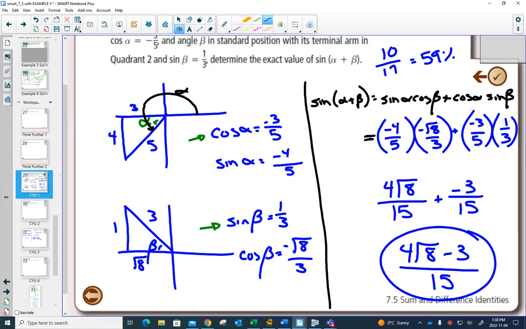And you can leave it like this even though the √8 could get changed to 2√2, but you don't have to simplify square roots in grade 12, because they assume you know how to do that, right? 4 root 8 is the same as 8 root 2. You know how to do that, so you're good. Super strong in that sense.